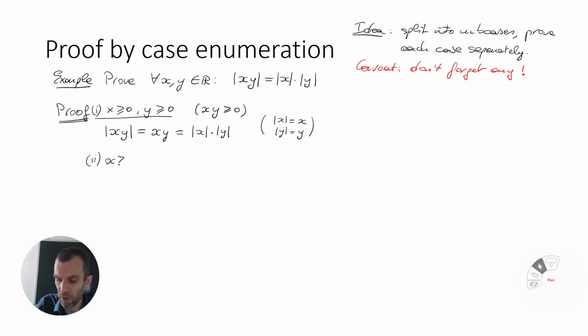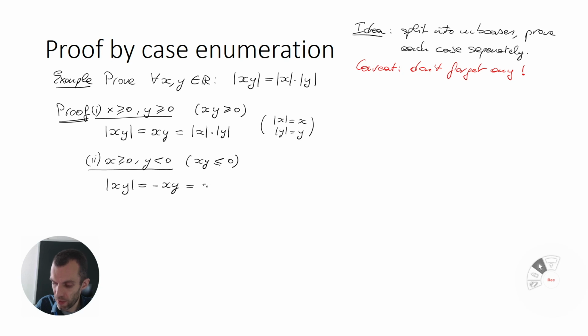And now let's assume that y is less than 0. So in this case, x times y, a positive times a negative number, that gives you a negative number, or 0 if x is 0. And so in this case, x times y, absolute value, is minus xy.